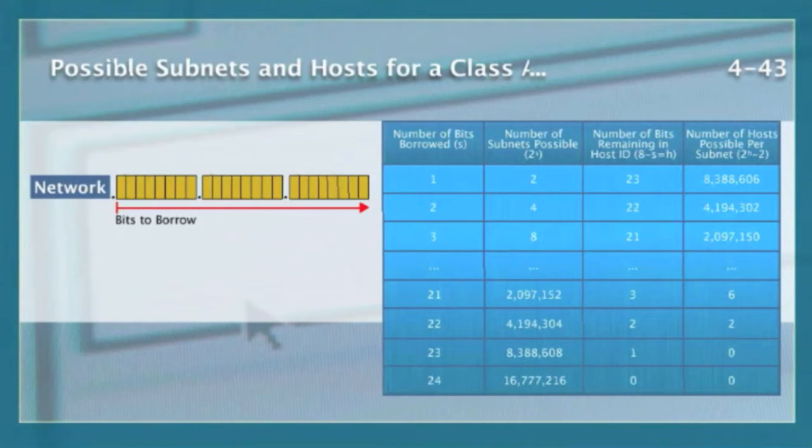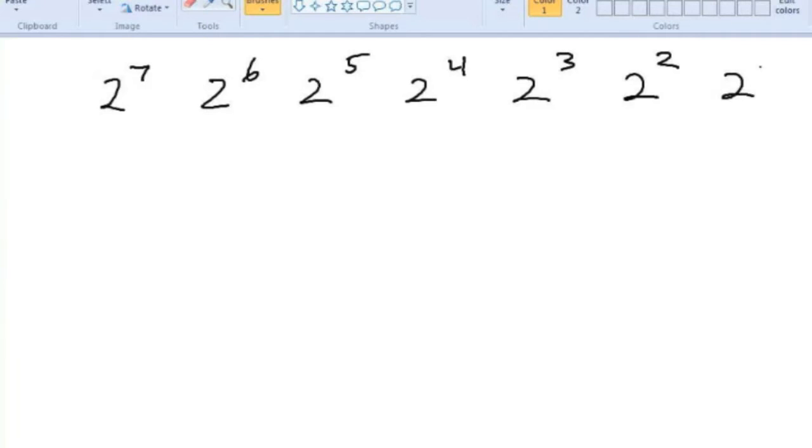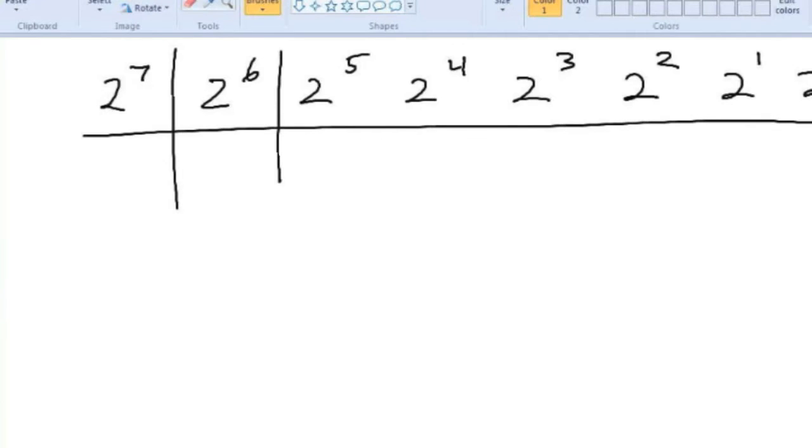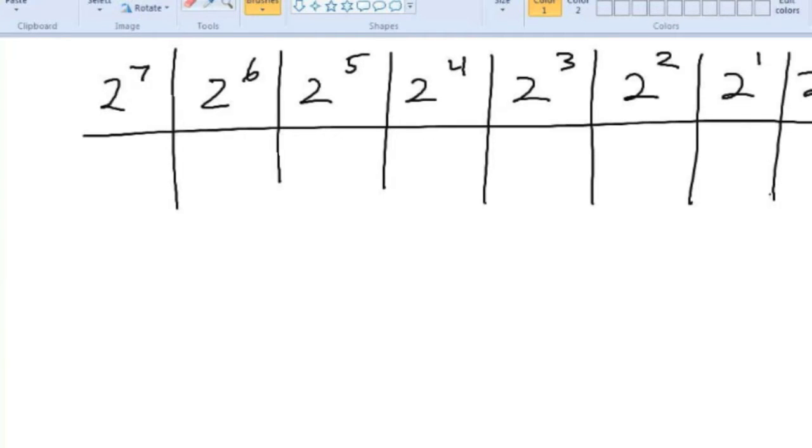So, before we get too ahead of ourselves here in the math of subnetting, let's do some review of what we would even list on our scratch paper. Remember, on our scratch paper in the exam, I do this. Let me redo that so you can see the whole thing.